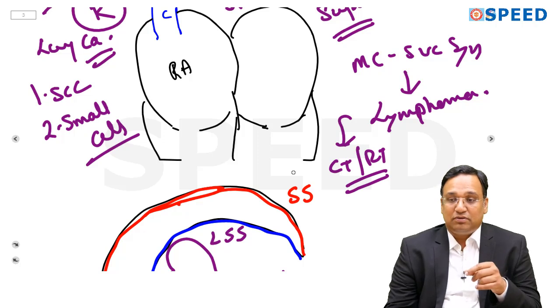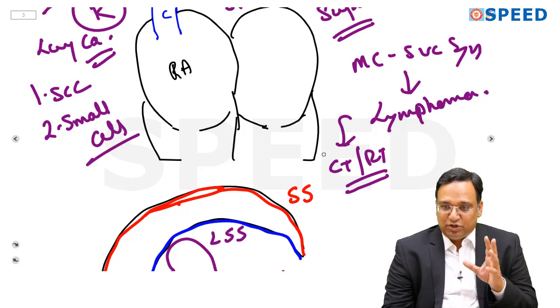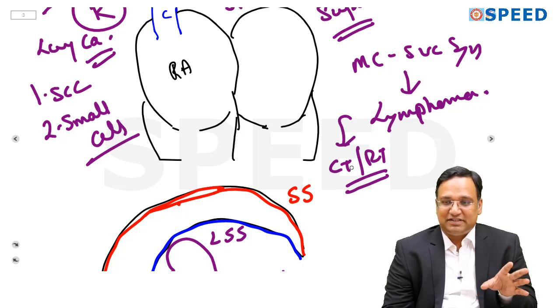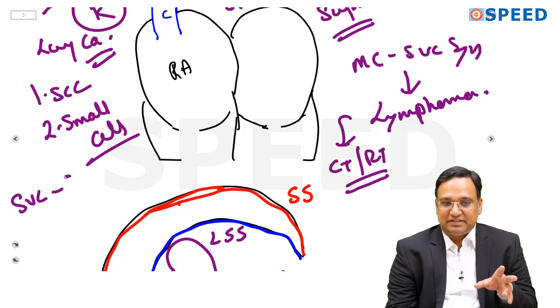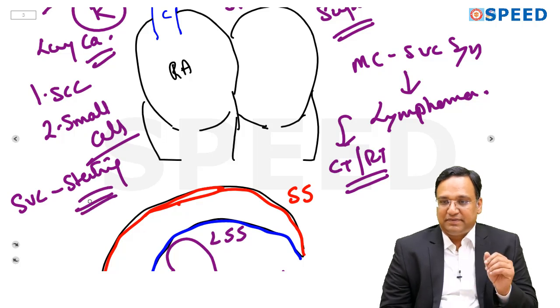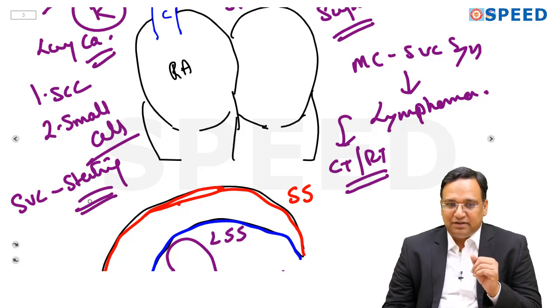And how do you treat superior vena cava syndrome in lymphoma? Along with chemotherapy and radiotherapy, you will put a stent in the SVC. So SVC stenting becomes the treatment of choice. Understand? So this is all about the superior vena cava obstructed by the thyroid or other tumors.